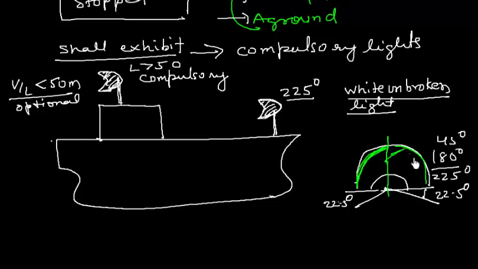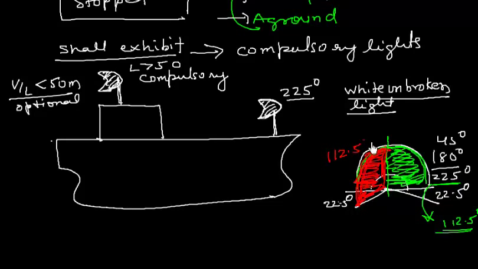The starboard side is the green light, and the arc is half of 225, that is 112.5 degrees, here. And on the port side also a similar arc, and let me choose the red color. The port side light is the red light, which is up to this level, and the same 112.5 degrees.